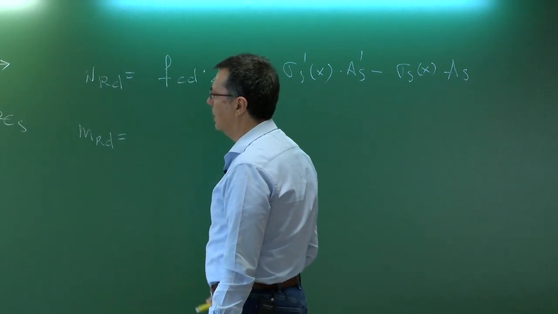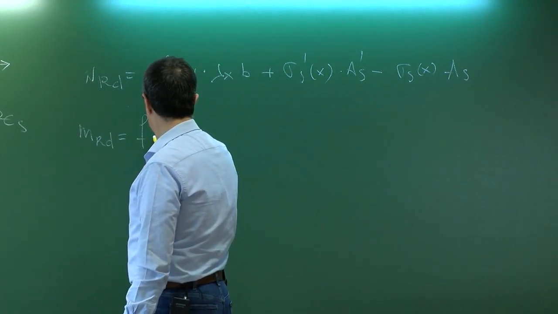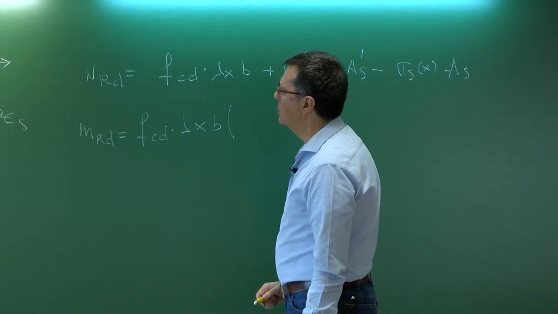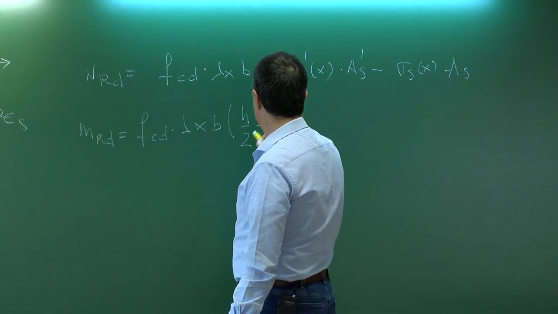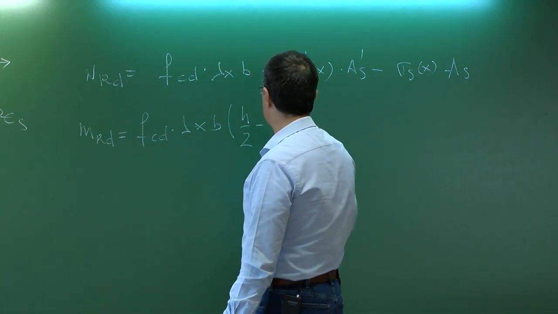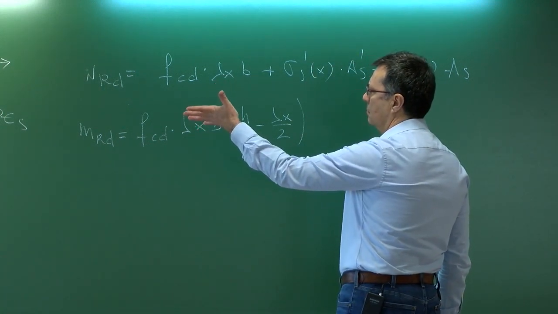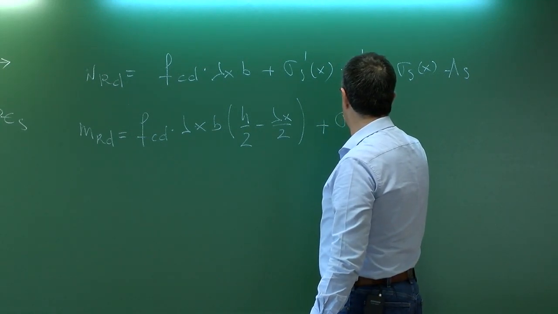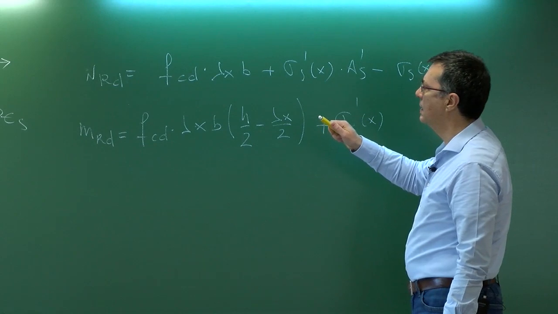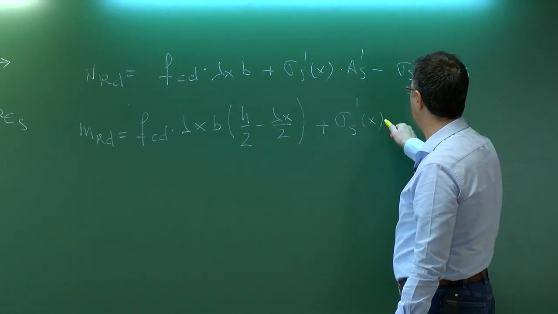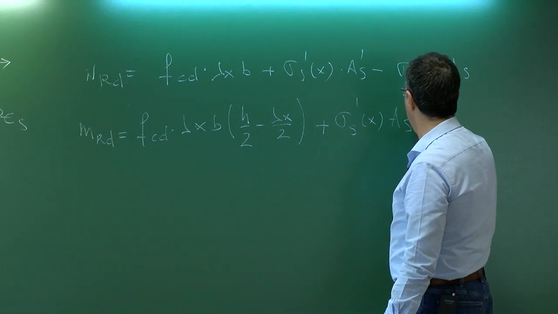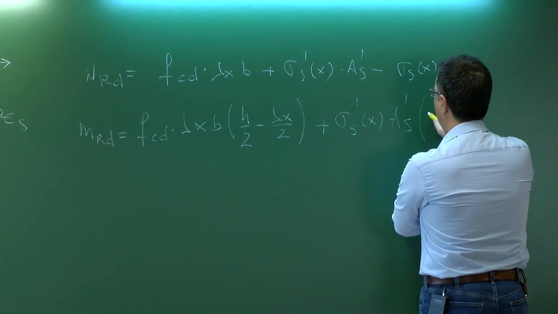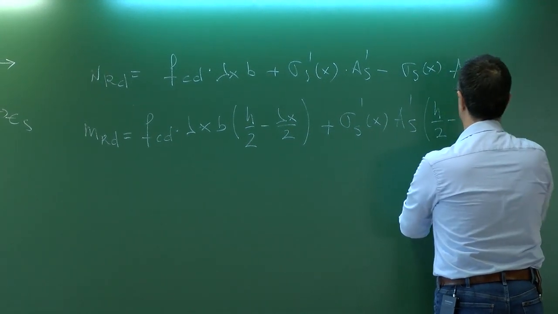And for the bending moment MRd, it's the same, but with the corresponding lever arm. So it's going to be fcd times lambda x times b, and now the lever arm is going to be h/2 minus lambda x/2. Then the contribution of the top reinforcement is sigma S prime as a function of x times AS prime, and the lever arm is going to be h/2 minus d prime.